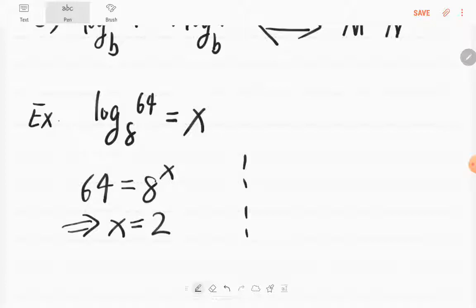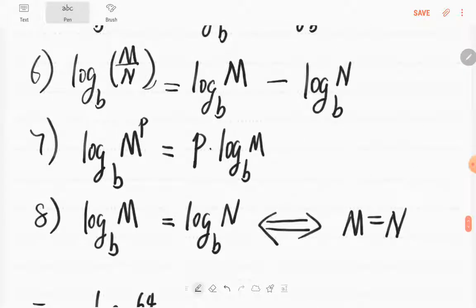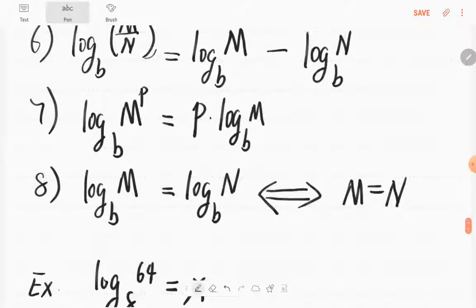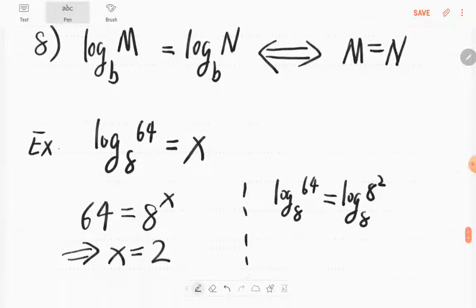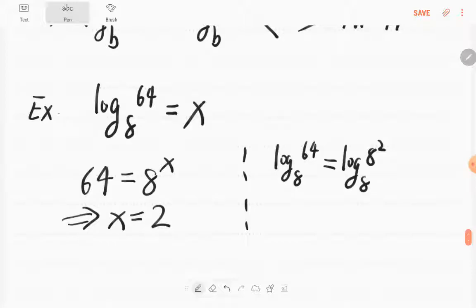Another way is we use the properties we have. So log to the base 8 of 64 equals log to the base 8 of 8 squared. We can use this property: you can bring down this power 2 in front of the log, so 2 times log 8 of 8.